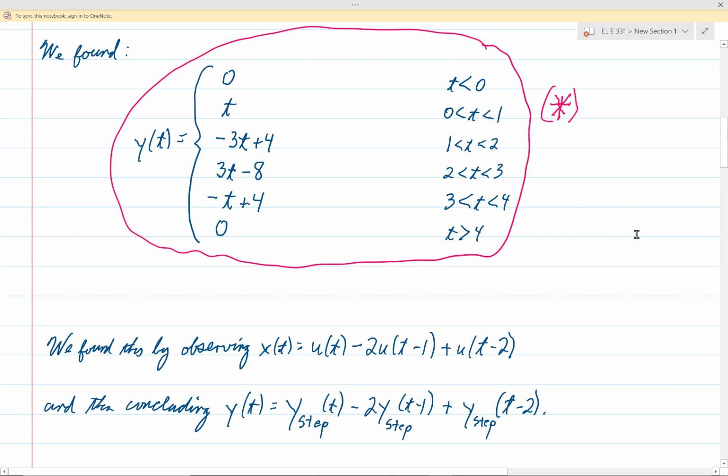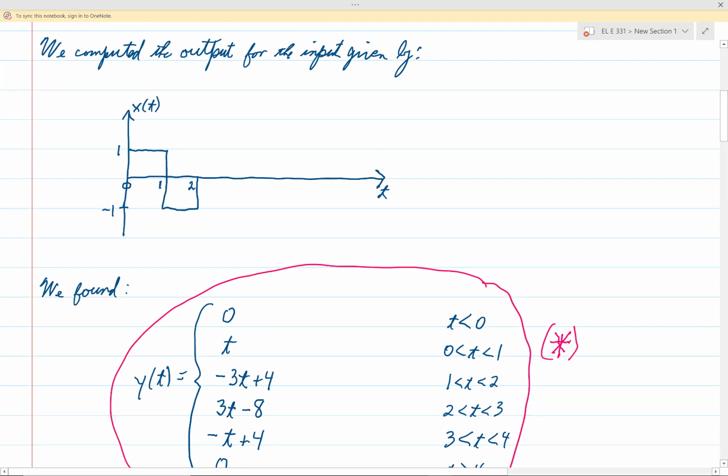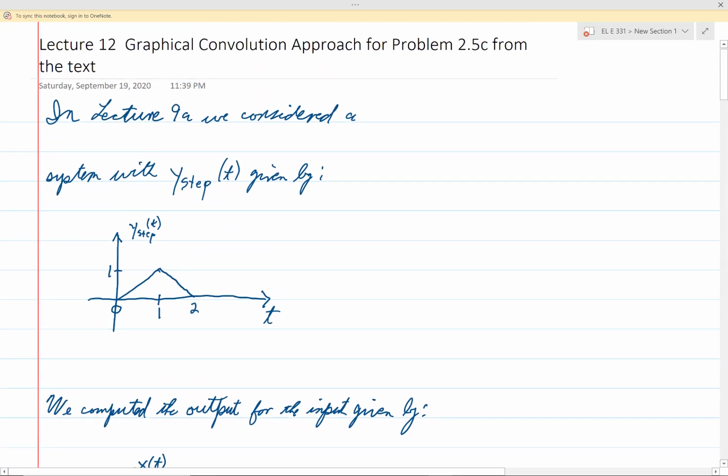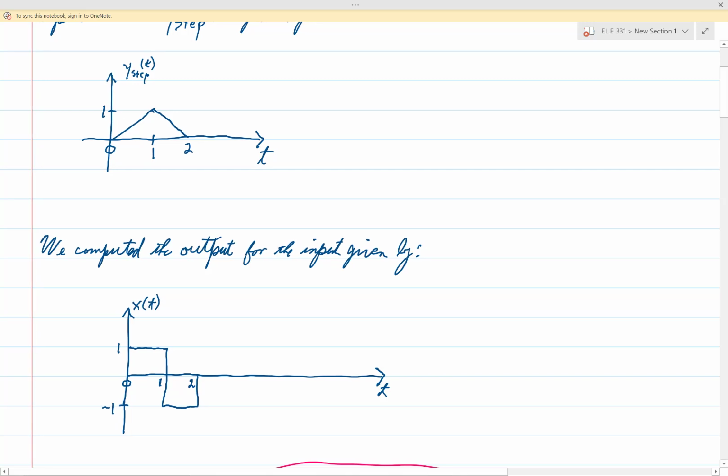And so now what we're asking is, is there a way that we could solve this problem, find the output for this input, by the convolution approach? This is like several problems we've looked at recently. At first, it might seem impossible, because in the convolution approach, the output y is equal to the convolution of h with x, where h is the impulse response.